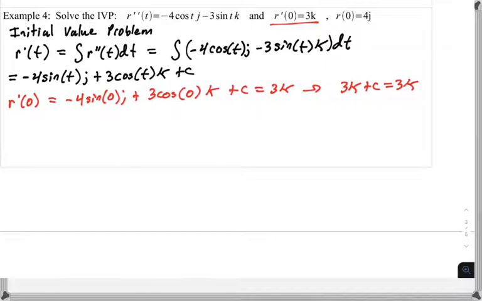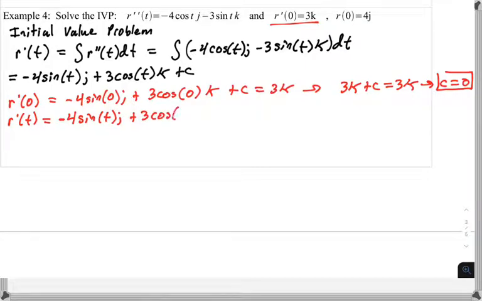In this case, the constant of integration is going to be 0, so sometimes that happens, and it happens here. So our first derivative is going to be negative 4 sine of t, and that's your j component, plus 3 cosine of t, and that's your k component.